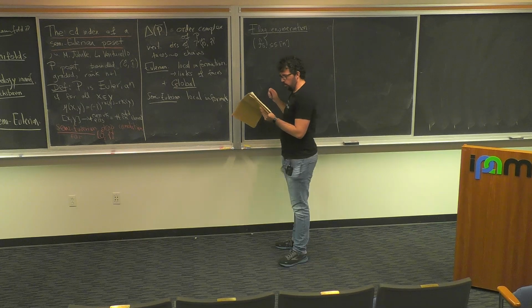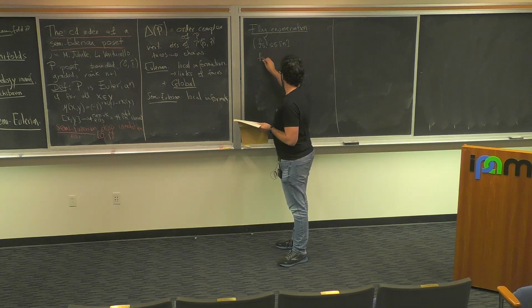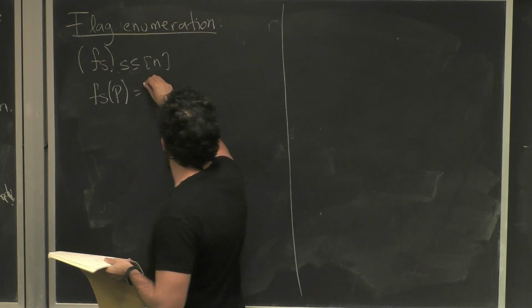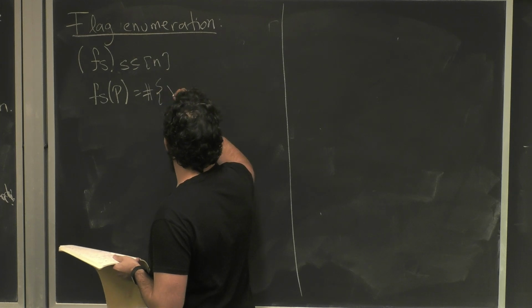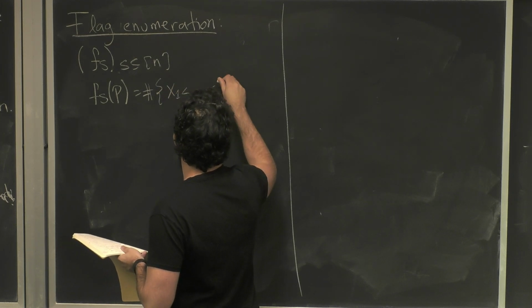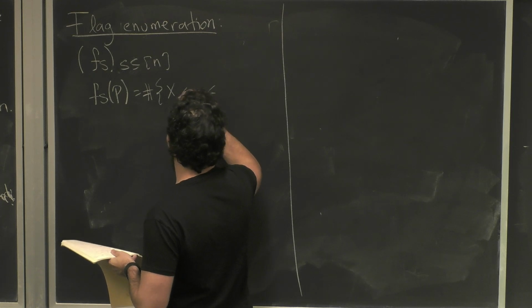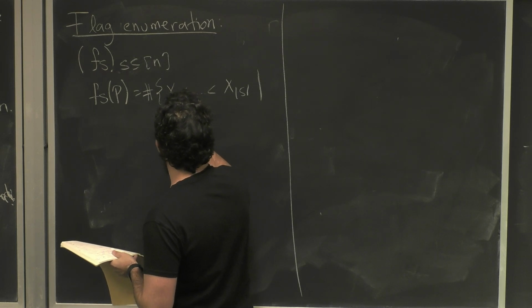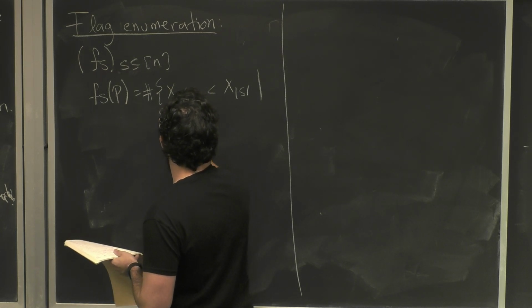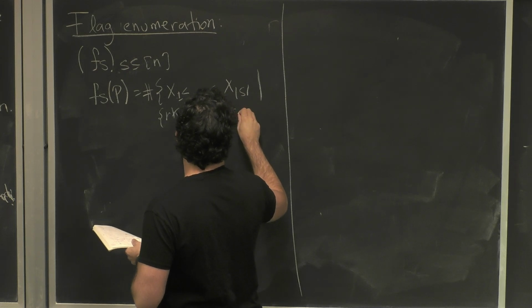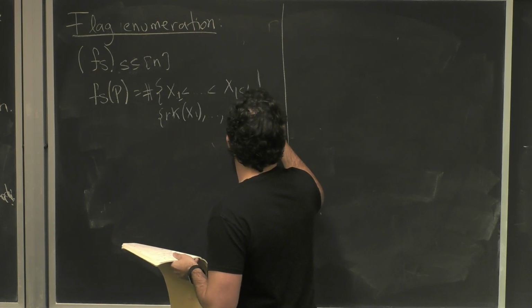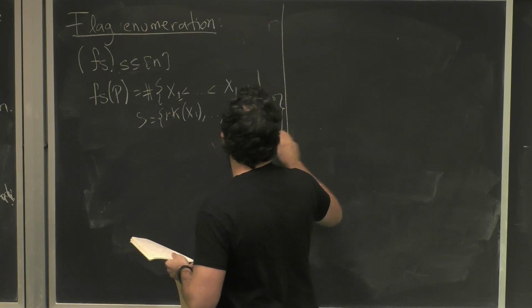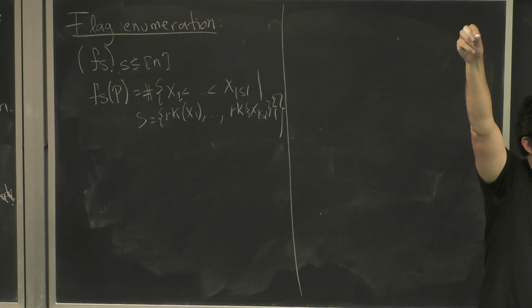And so what I'm going to do is think of F_S of P for an Eulerian or semi-Eulerian or for a graded poset in general. This is going to be the number of chains in my poset, x, let's say the cardinality of the set of chains, such that if I look at the rank of my elements, I get exactly the set S. Okay, so I'm going to count chains.